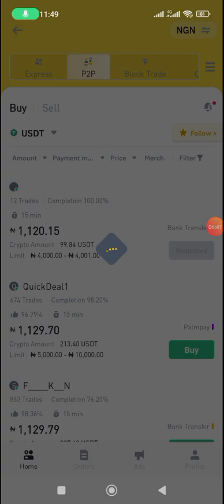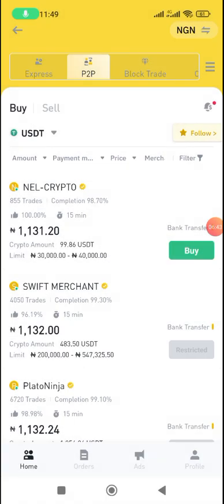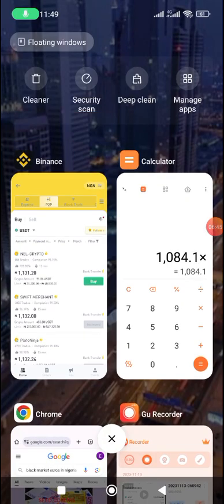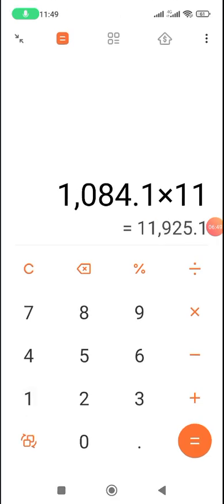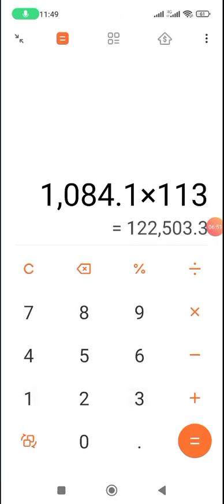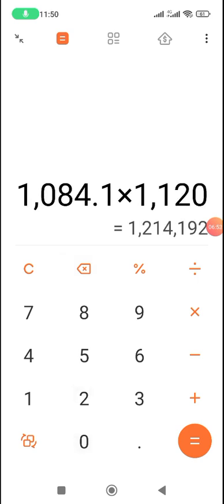It's like 1120 or 1130, so this is like 1.2 million. So we can write these details down. Remember these details again. That's 1,214,000.